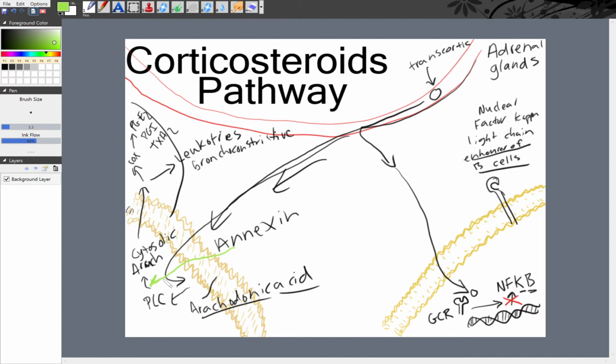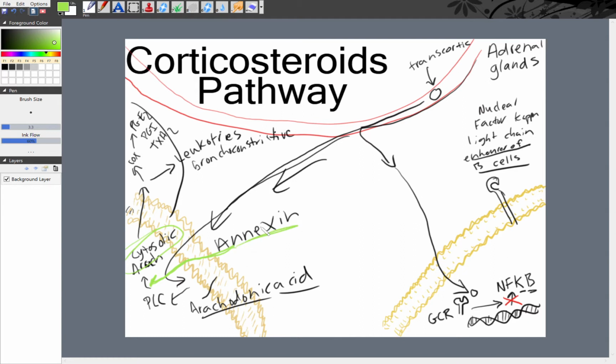When it does, it's going to prevent this free cytosolic arachidonic acid from producing these pro-inflammatory molecules. So that's another action that's much faster. So annexin comes from the corticosteroid hormone.